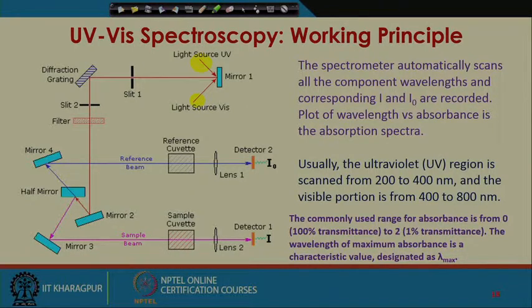The wavelength of maximum absorbance is a characteristic value of the sample, and it is designated as lambda max. So, lambda max is the wavelength at which maximum absorbance occurs.